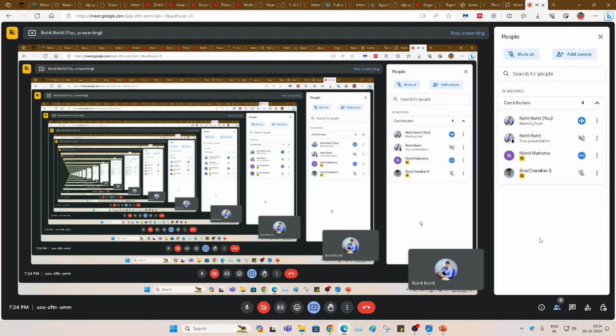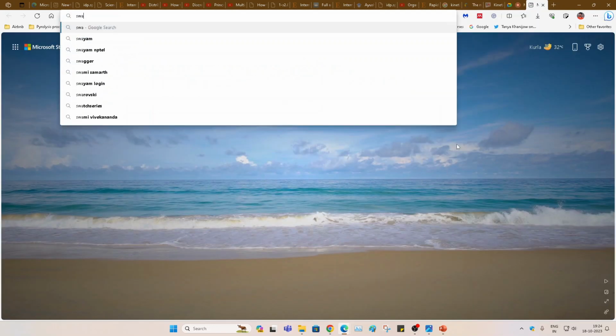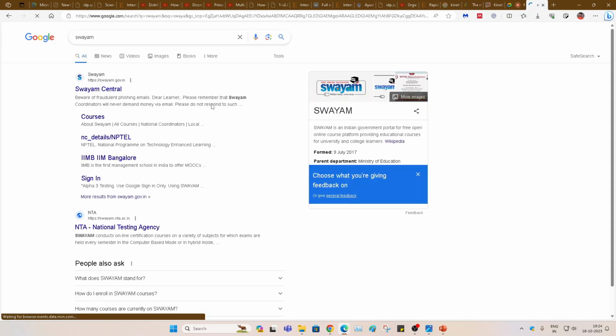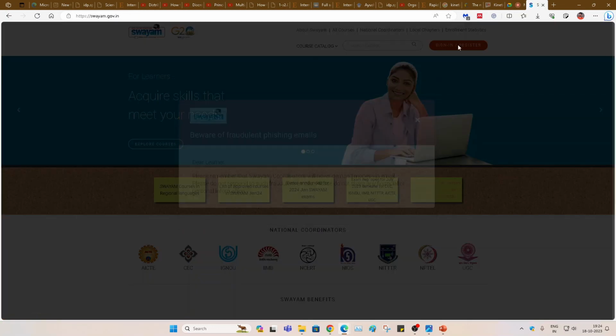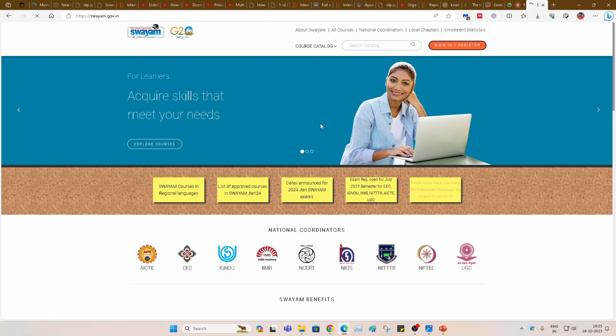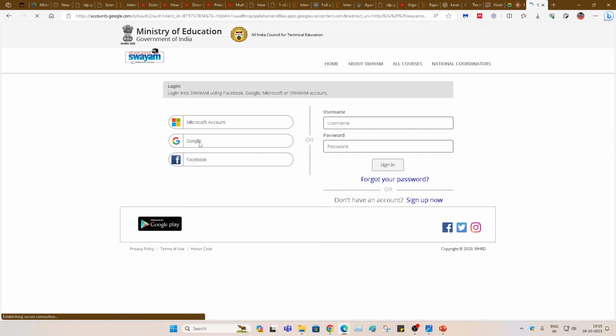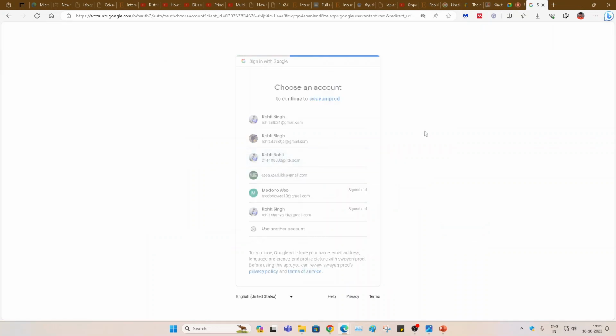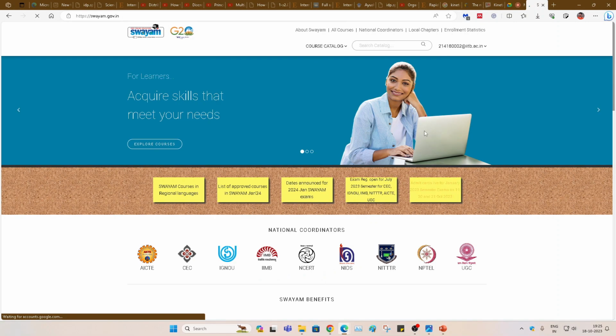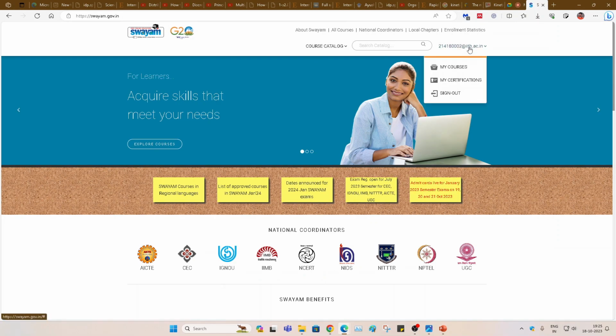Can you see my screen? Okay, let me take you to the portal and see if there are any assignments or announcements. The examination hall ticket will be issued 1 or 2 or 3 days before the examinations.